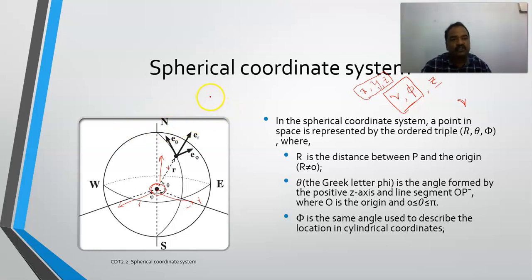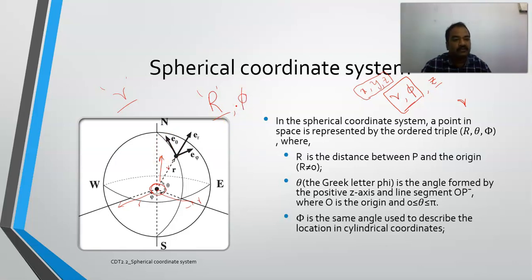To differentiate from the cylindrical system, I will represent it as capital R throughout this course. So capital R represents the coordinate in the spherical system, whereas a small r is generally used to represent the cylindrical system in this course. And you have phi again.